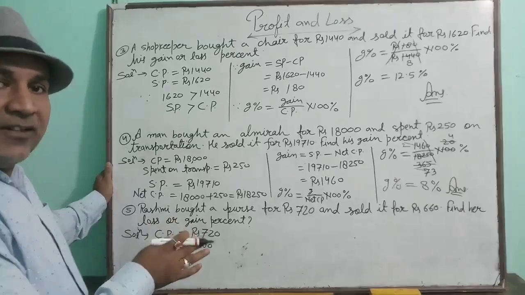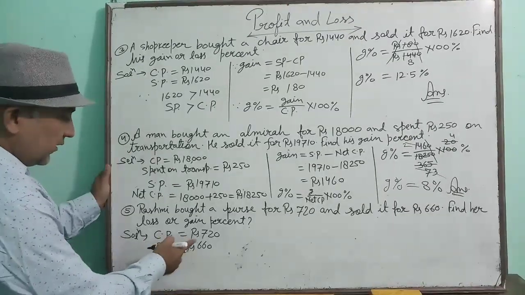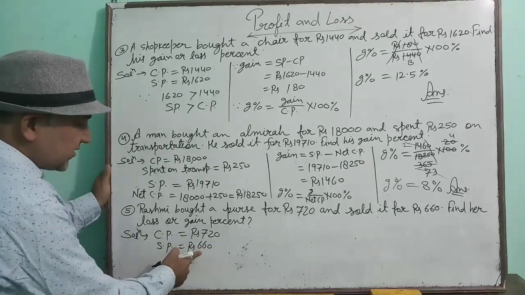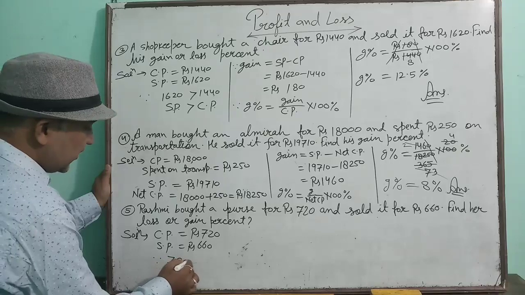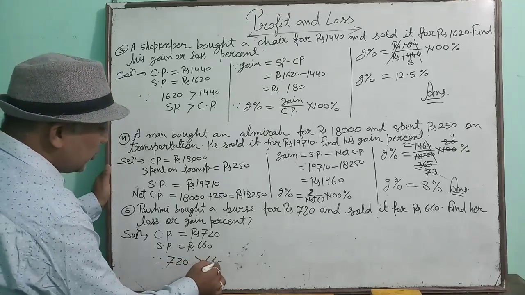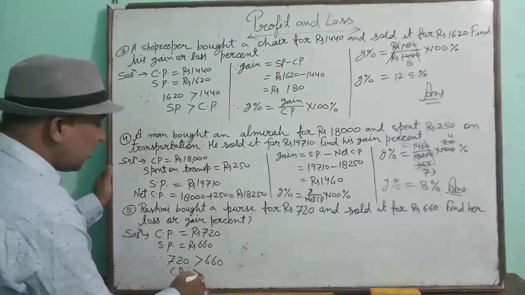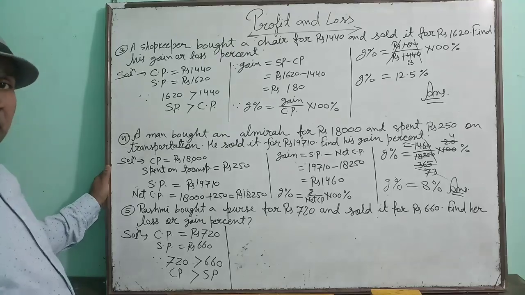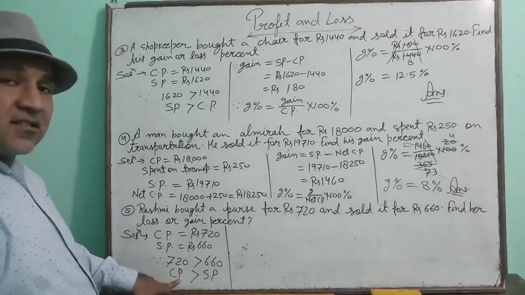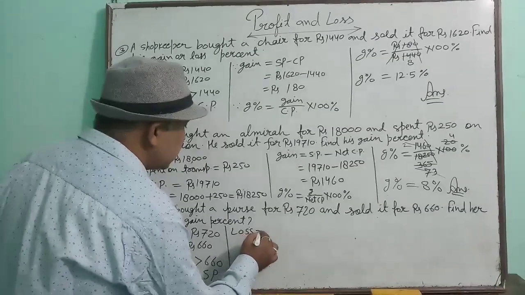Again, it is not given whether there is loss or gain, but we can find out. See here. 720 is greater than 660, which means cost price is greater than selling price. And we know that if cost price is greater than selling price, then there will be loss.